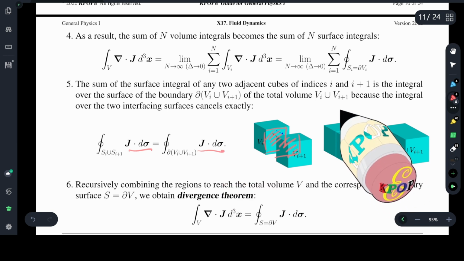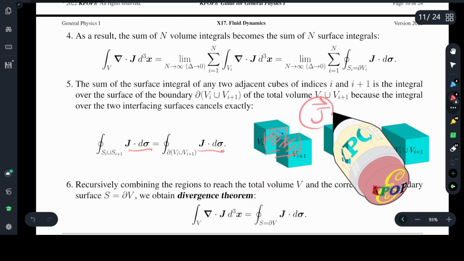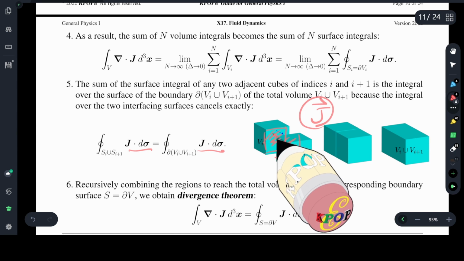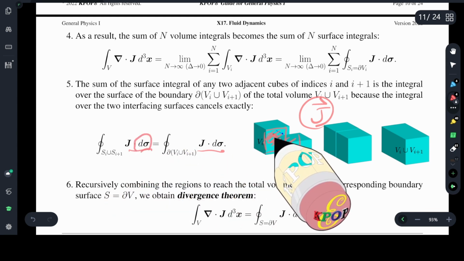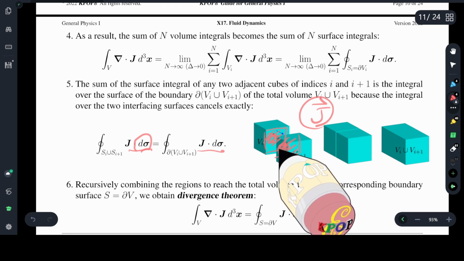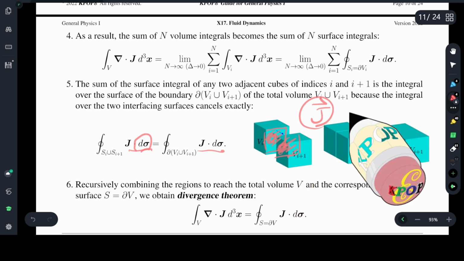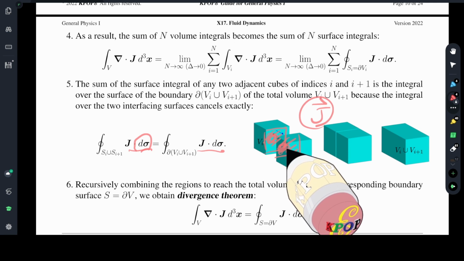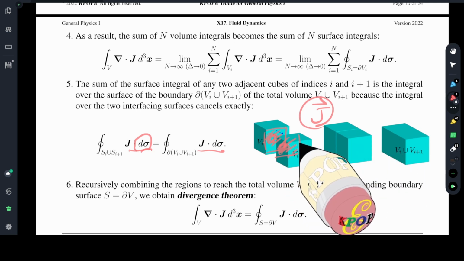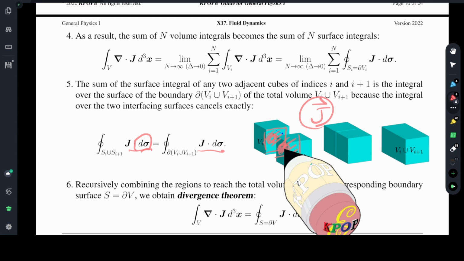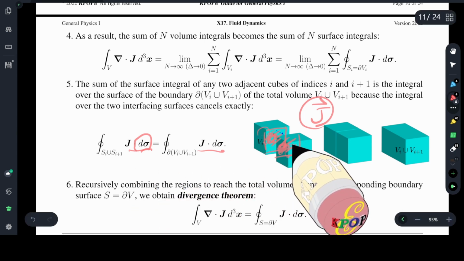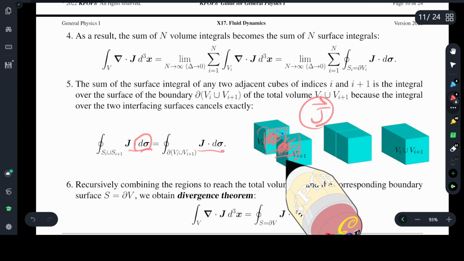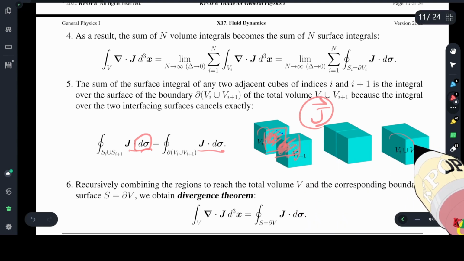However, although J is identical at this surface, the normal vector, the sigma of this surface and of the other surface to be combined, are exactly the same in magnitude but opposite in sign. So that means they cancel exactly. So after we sum the two nearest neighbors, what we end up with is the total volume integral. That's fine.